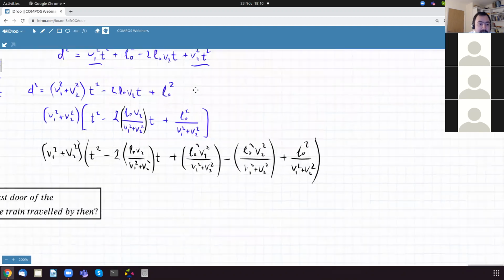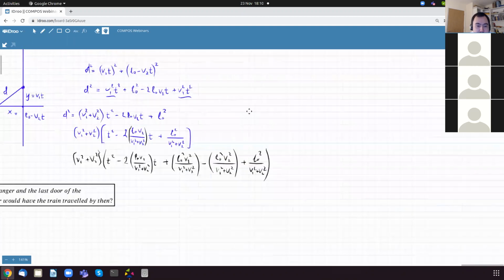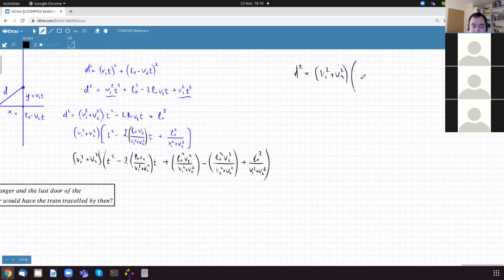And we're almost there. So from here, I can write that d squared, this thing that we're looking for, is v1 squared plus v2 squared, open bracket, t minus L0 v2 divided by v1 squared plus v2 squared, close bracket.